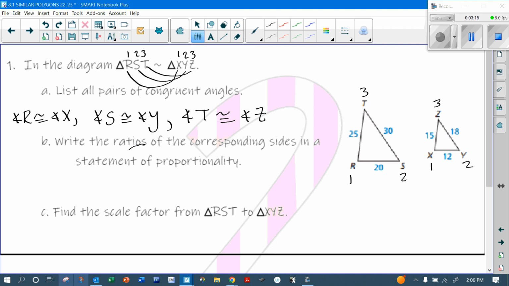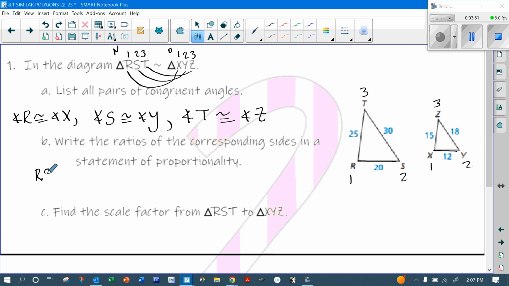Now, it says write the ratio of the corresponding sides in a statement of proportionality. So this one is your new, and this one is your old. We'll go RS. So RS is proportional to XY, side 1, 2, side 1, 2.